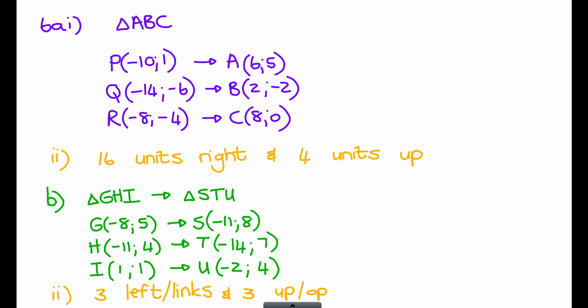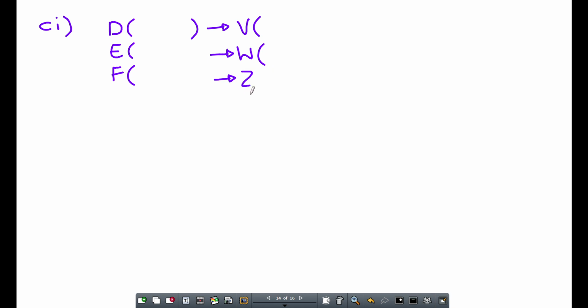Okay, now we've got to do it with DEF. Now you will see that DEF became phi via Z. Okay, so D was 13 and 1. E was 9 and minus 2.